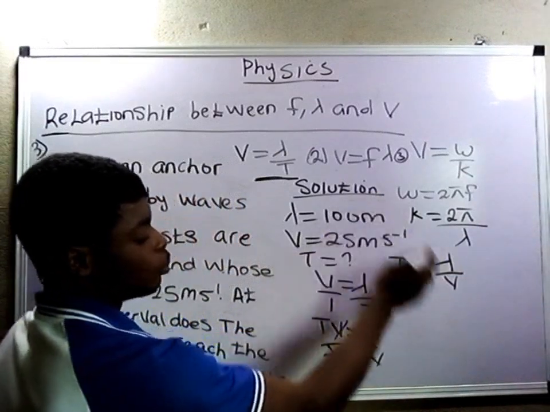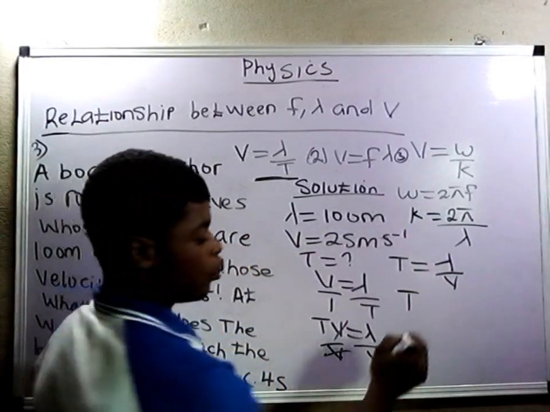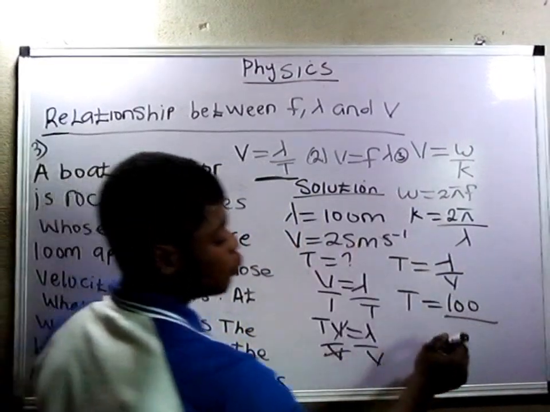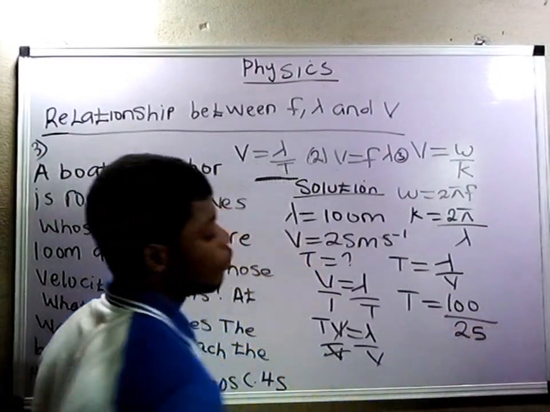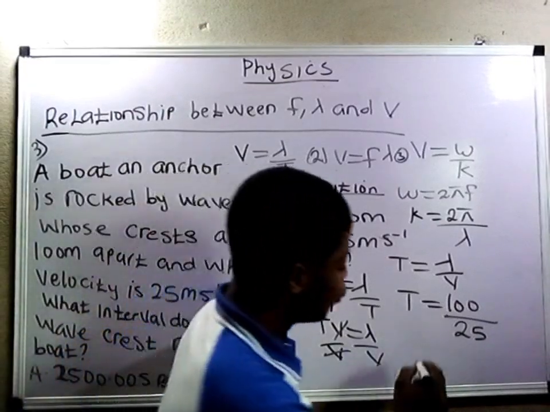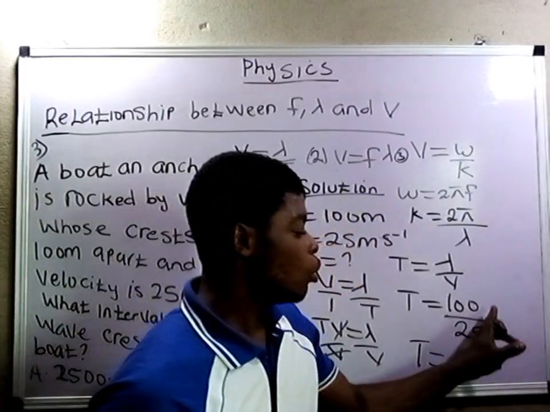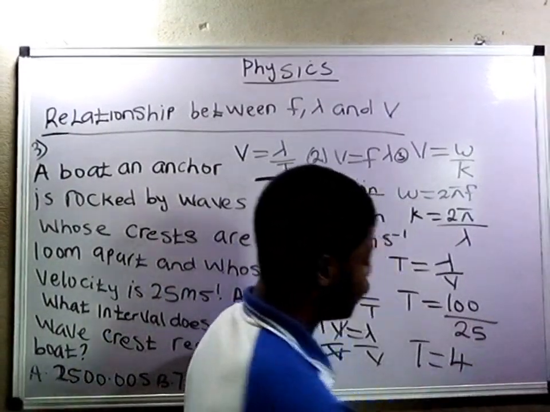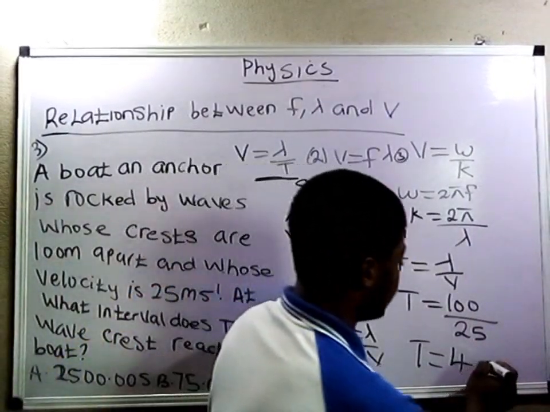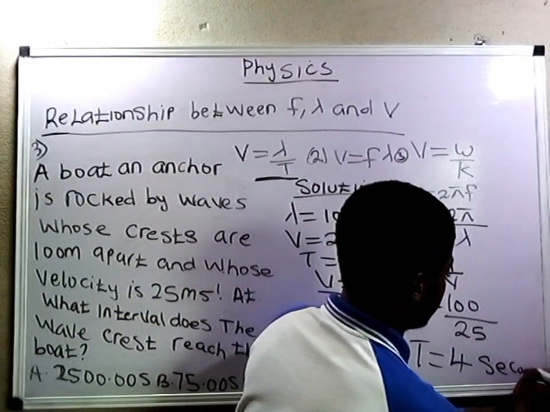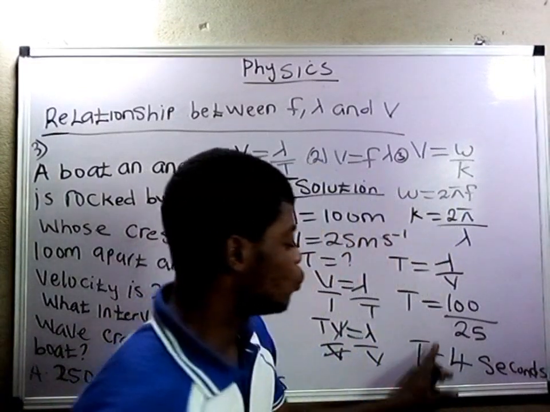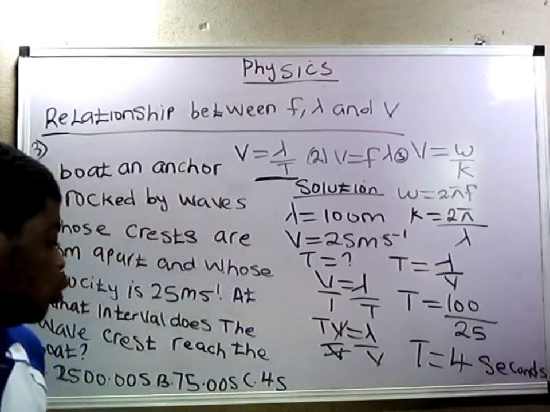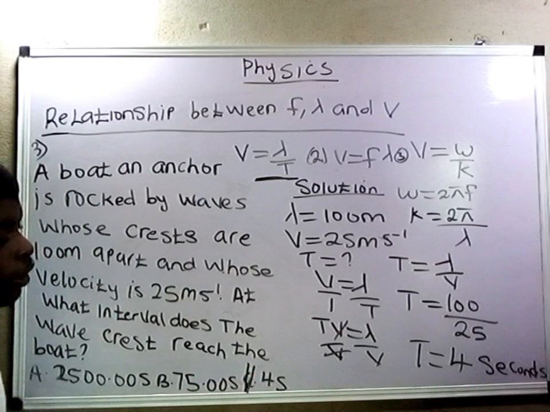Your lambda is 100, and your v is 25. So your period is equal to 100 divided by 25, which gives us 4, and the SI unit for period is seconds. That means the answer to this question, your period, is 4 seconds, which is option C.